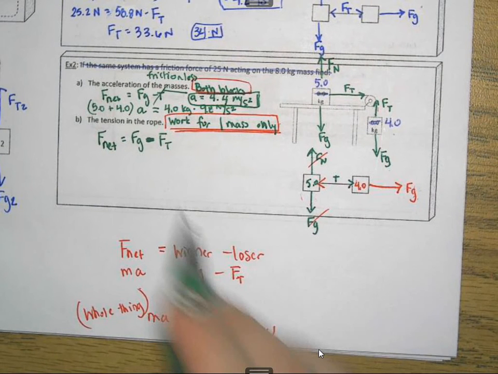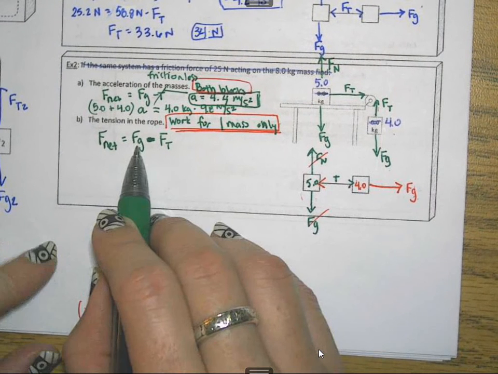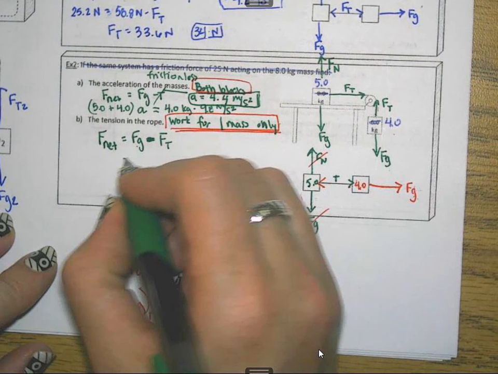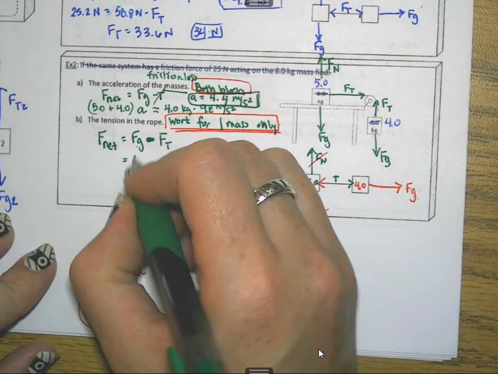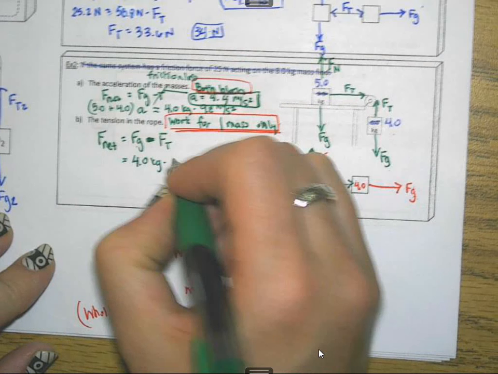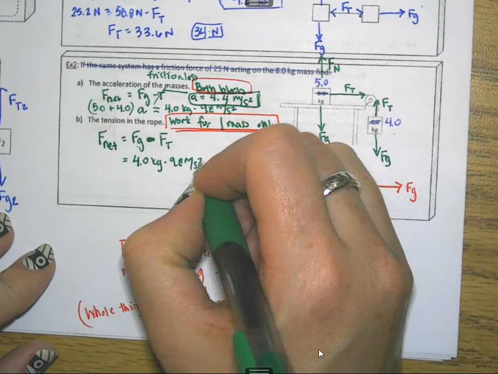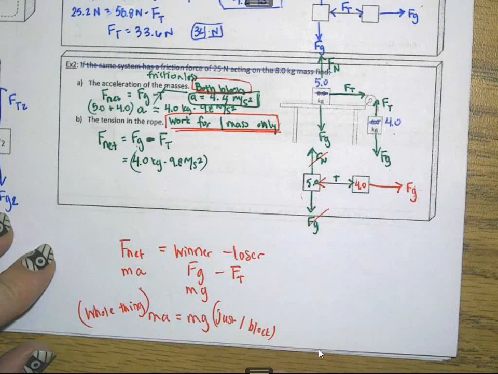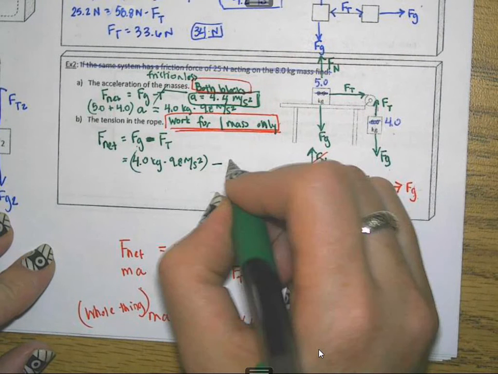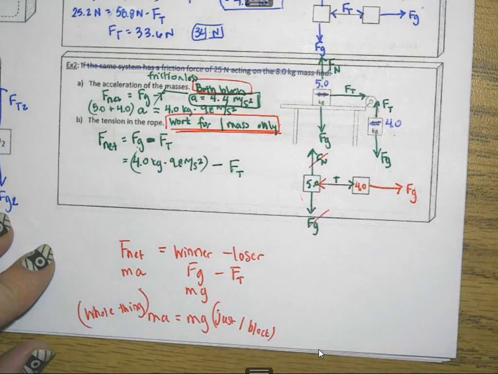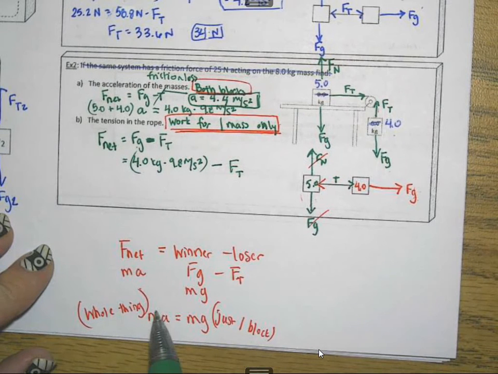Start with Fg. The Fg on that block is going to be 4.0 kilograms times 9.8 meters per second squared. So that's just given. And I know that I'm finding Ft, right? So I can go ahead and write that part in. That tells me I have to be able to find the net force acting on this block right here.